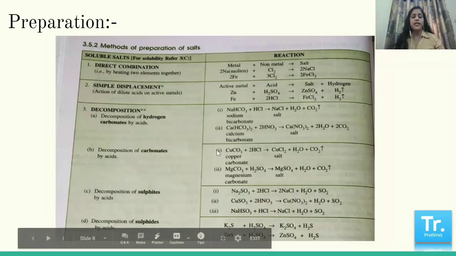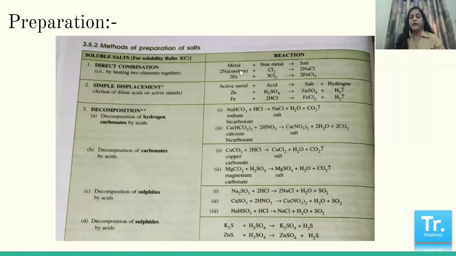First one is direct combination, where elements combine: sodium and chlorine will give you sodium chloride, iron and chlorine will give you ferric chloride. Simple displacement: a metal into an acid will give you salt and hydrogen. So these are the examples.